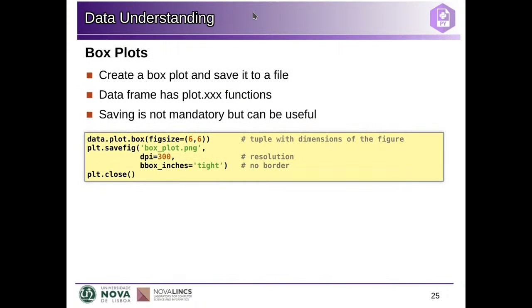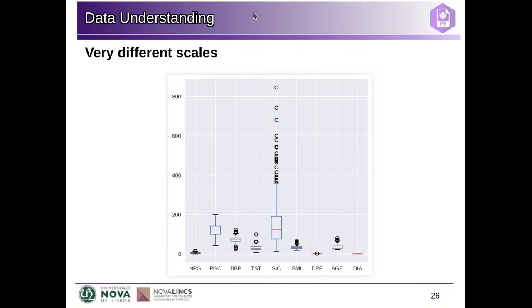So if we do this with our data from the PMOTAN, so this diabetes data, we get something like this. And the reason for this is that our different columns are in very different scales. For example, diabetes is just 0 or 1 depending on whether or not the person has diabetes.